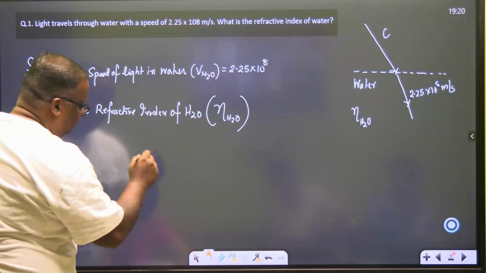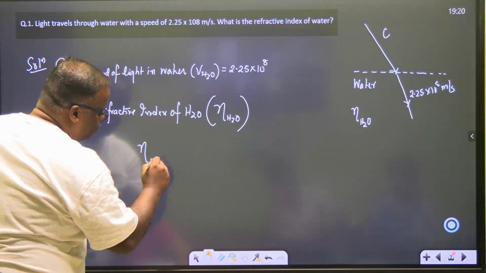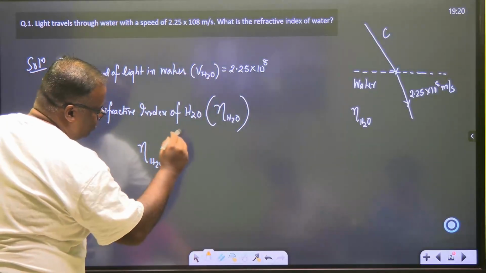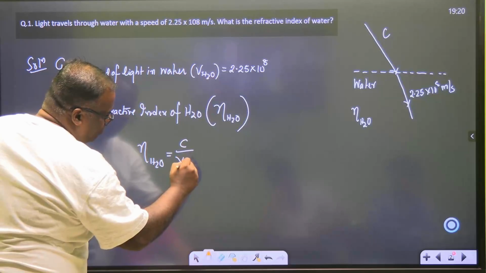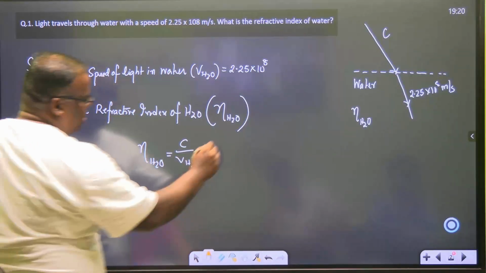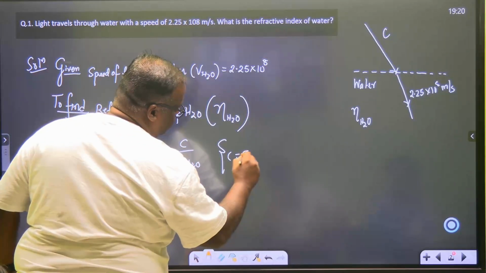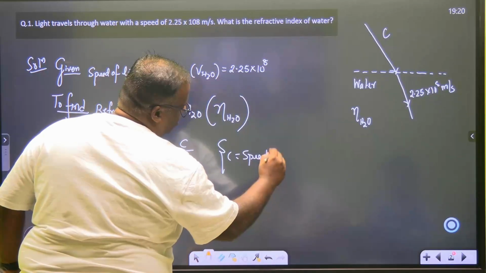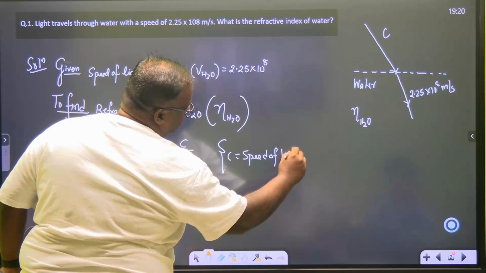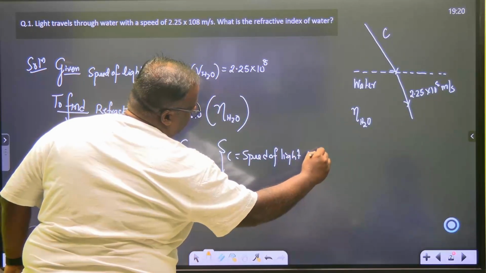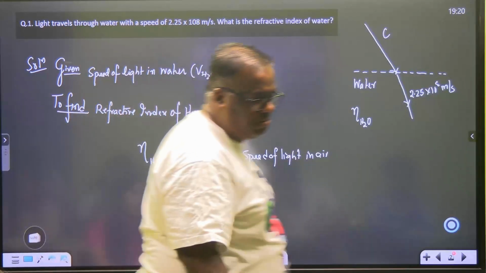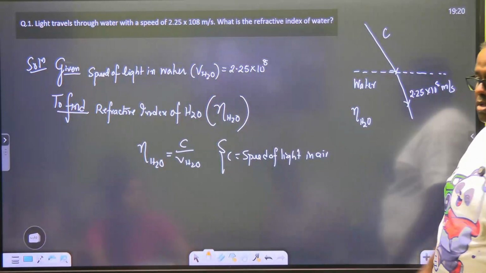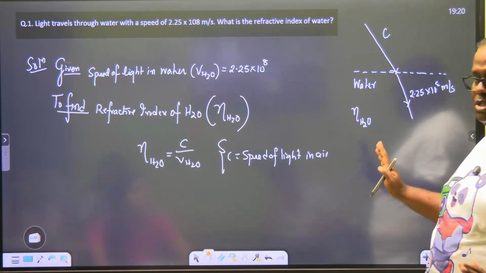And I write eta H2O is equal to C upon V H2O. And here I write C is equal to speed of light in air. After this, I won't do this problem because I think you are able to do. I will be only solving problems till this stage.